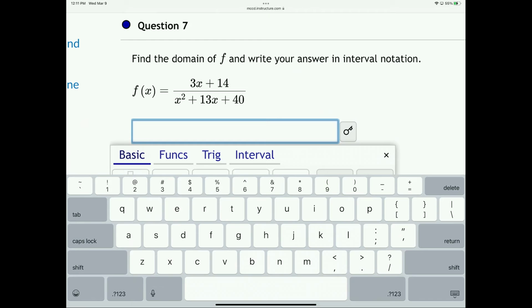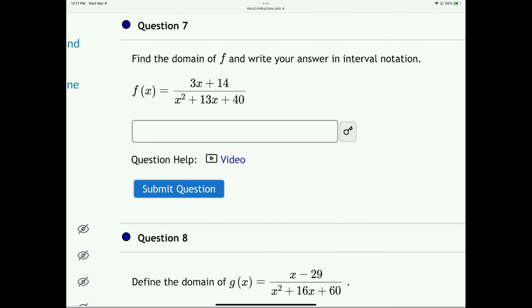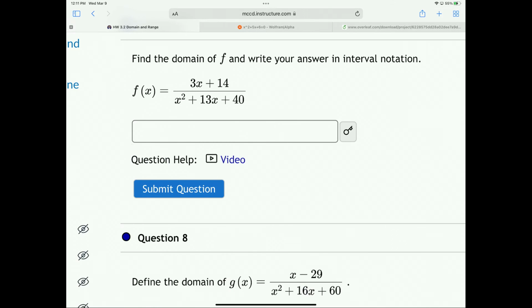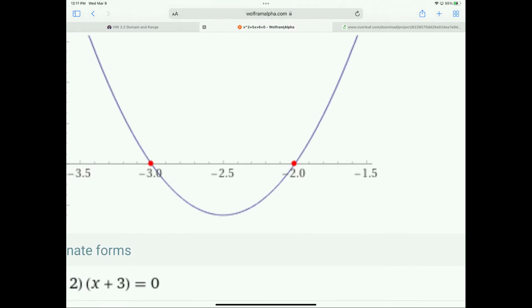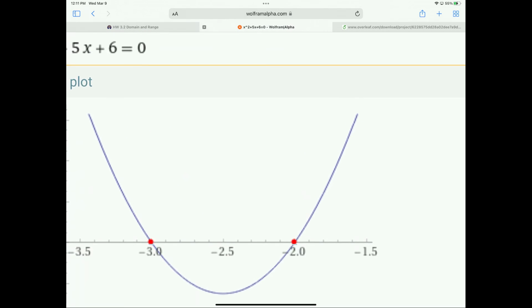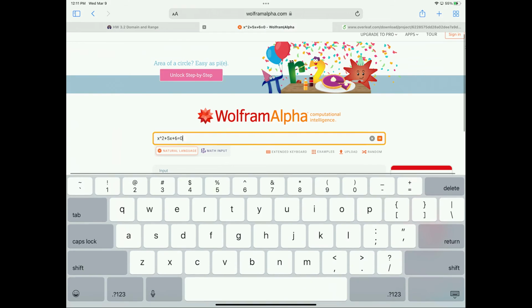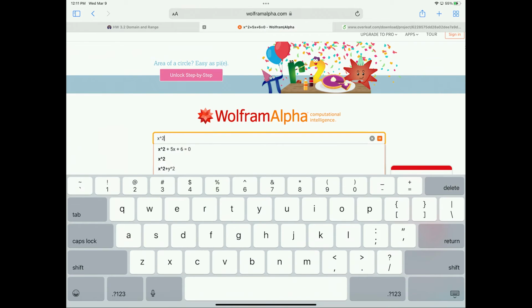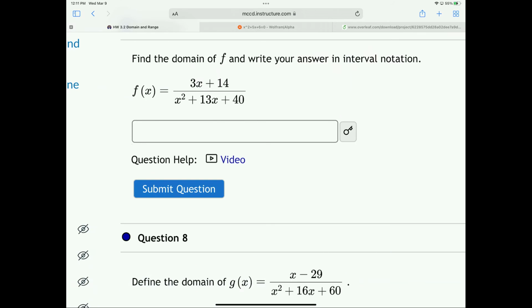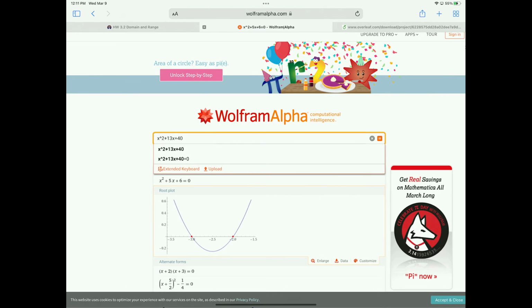Well, we've got this x squared plus 13x plus 40, right? That can't be 0. So you can factor that by hand, or you go to Wolfram Alpha: x squared plus 13x plus 40 equals 0.